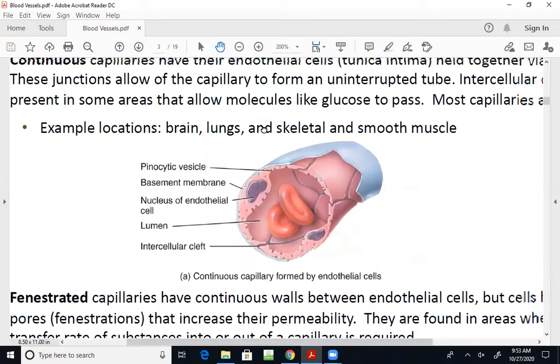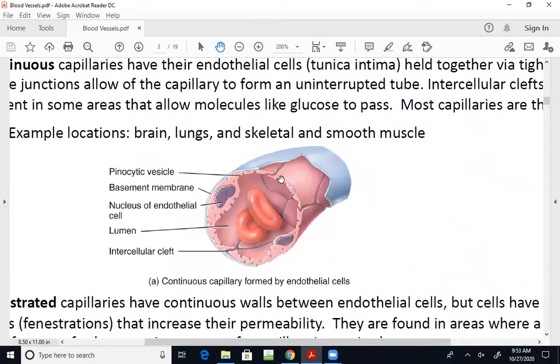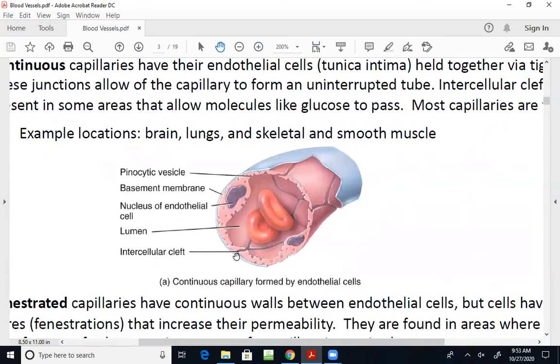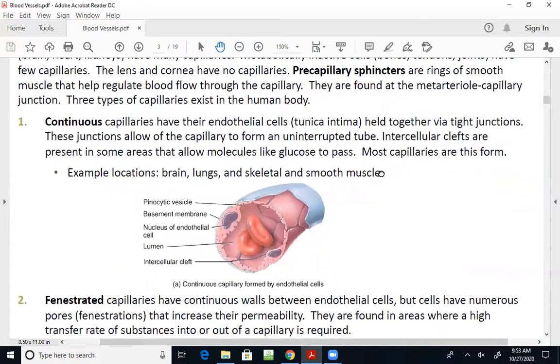They're called continuous capillaries because the endothelial cells that line them create an uninterrupted tube, because the cells are held together by way of tight junctions, which are those cell-to-cell contacts, cell junctions we've talked about before. Now, just because they are a continuous tube does not mean that stuff is not going to be able to pass through them.